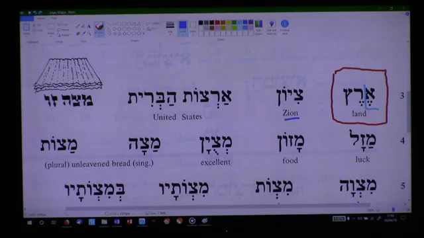Zion is not Zion, it's Tzi-own. And that is found in quite a few of our liturgies.